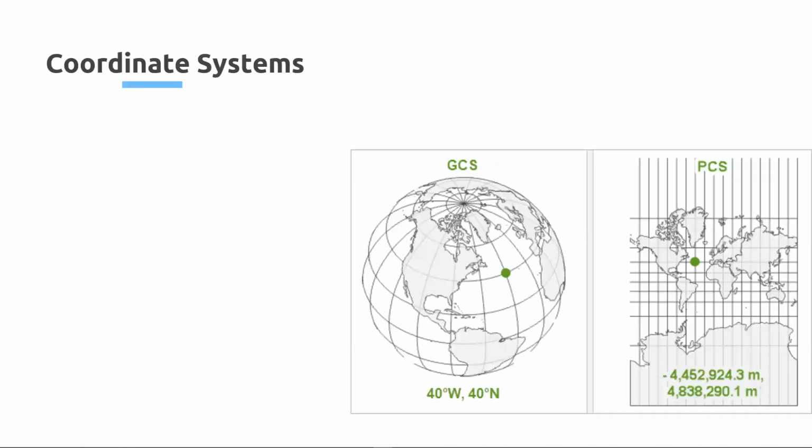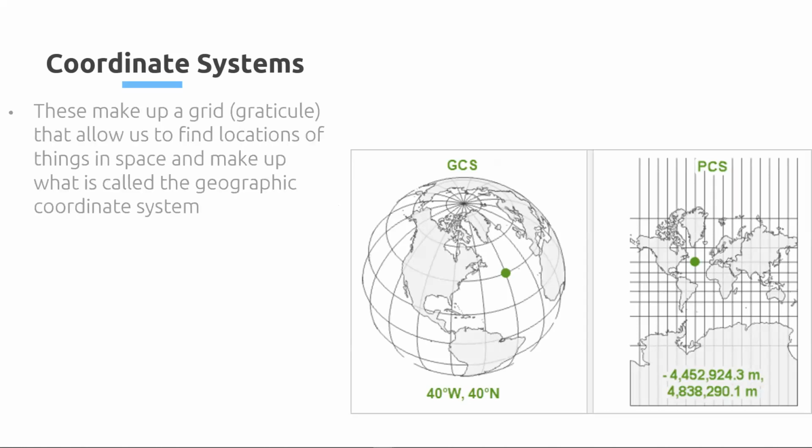And so now we're going to finish this off by talking about coordinate systems. Coordinate projections and coordinate systems are kind of paired with each other. What a coordinate system is essentially is a grid that helps us find the locations of things in space. That grid is what we refer to as either a geographic coordinate system or a projected coordinate system.